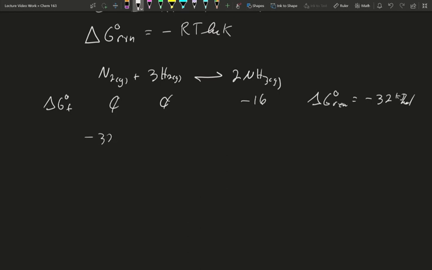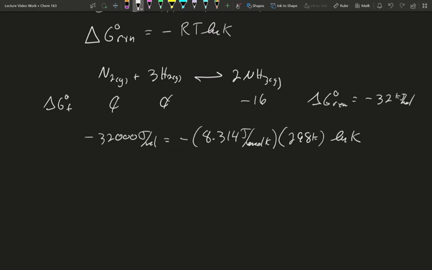So negative 32,000 joules per mole must equal negative 8.314 joules per mole Kelvin times the standard state temp we're working at of 298 Kelvin, ln of K.